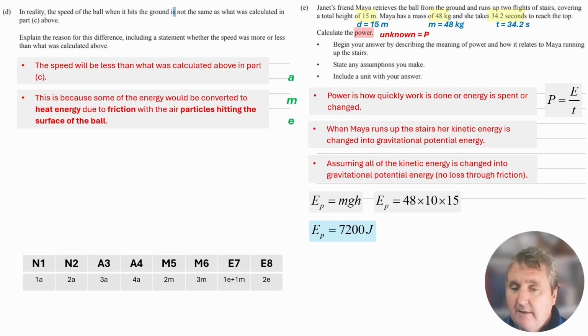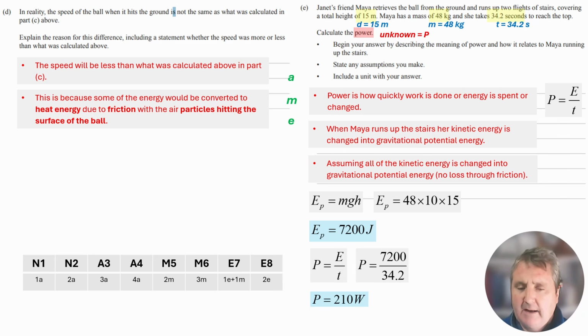So we've calculated the energy, which is actually, we're assuming that the energy that she has gained as potential energy is the same as all of the energy that she has produced from her muscles to form kinetic energy. So we're going to just put this number into the top of the power equation, and we'll substitute the time into the bottom of this power equation, and we get our answer: power equals 210 watts.